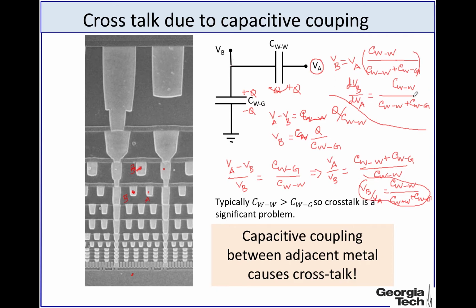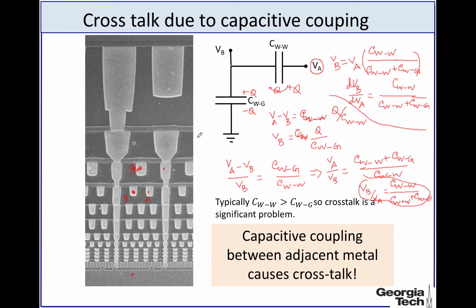But achieving that is very difficult, and the reason is that CWW, the capacitance between adjacent metal lines, is much larger than the capacitance between the line and the ground. And the reason is very simple.